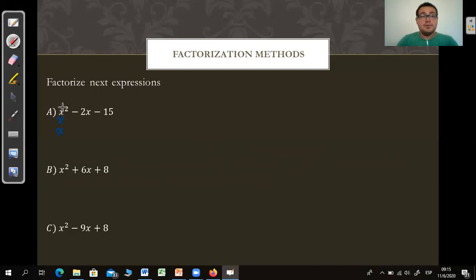I mean, decomposing x to the second power is too easy. All you have to do is x times x, and that's it. But what happens if instead of x to the second power, you have 2x to the second power? Then you have to look for the way to decompose the 2 and the x to the second power at the same time. It's very important you remember this type of factorization, the guess and check, in a complex way. And probably I will show you one example.